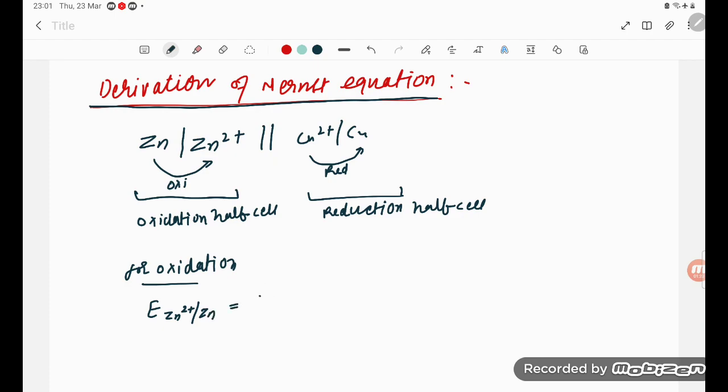It is given by the Nernst equation: E naught of Zn2+/Zn minus RT upon nF ln. We cannot take log in the beginning because here I am taking the natural log, so it is ln. What is it? It is the ion converting, so 1 upon Zn2+ ion.